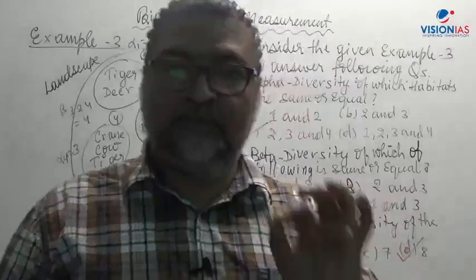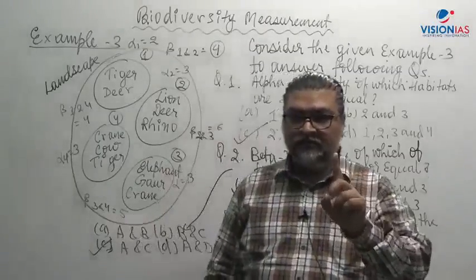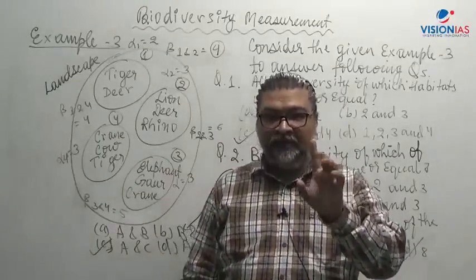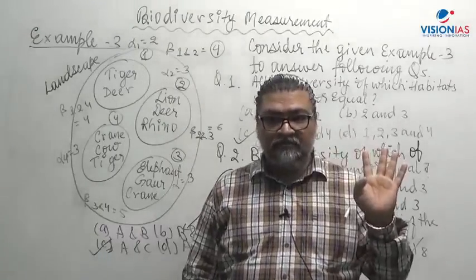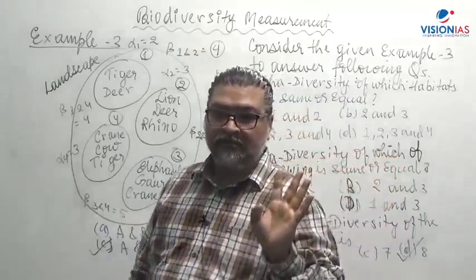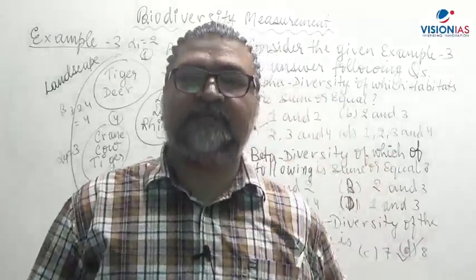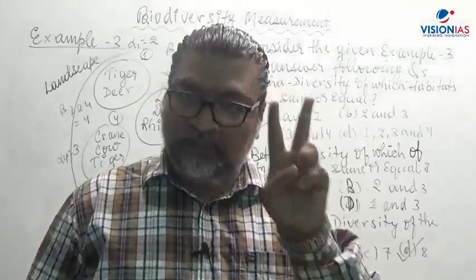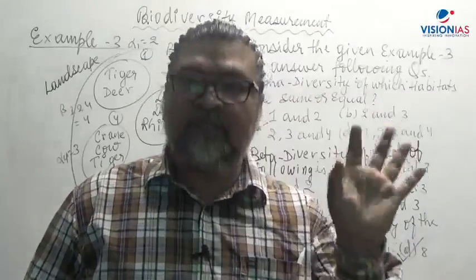Again, let's understand beta diversity once again. I am explaining beta diversity. Rest of the questions are clear, right? Beta diversity is the total diversity of 2 habitats. You have to take 2 habitats together and consider them as common, and then do the calculation.